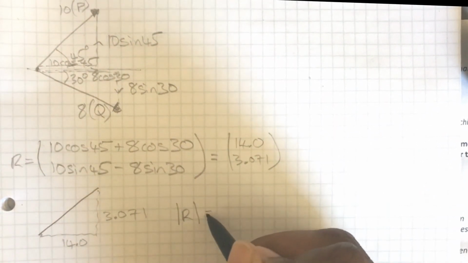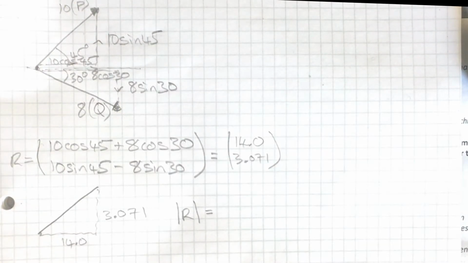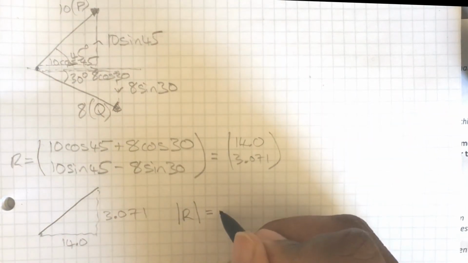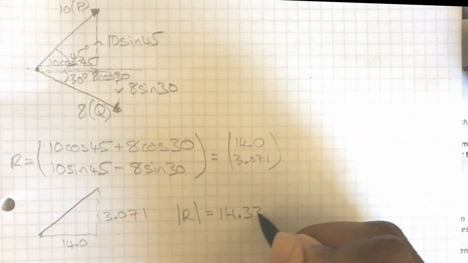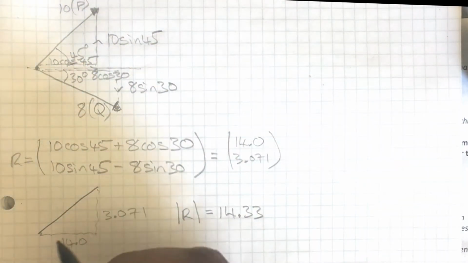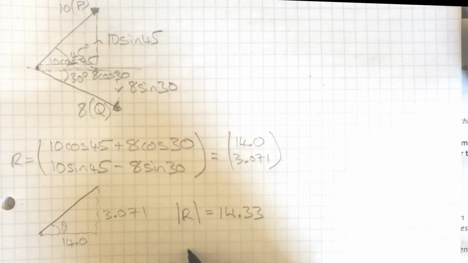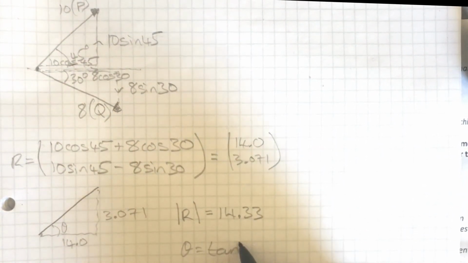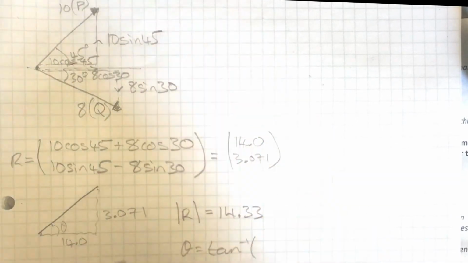And yeah, this is a question that we're very used to. We should be able to find the magnitude and the angle for this vector. Its magnitude is going to be found using Pythagoras. And the angle, which I'll label theta, can be found using trigonometry.